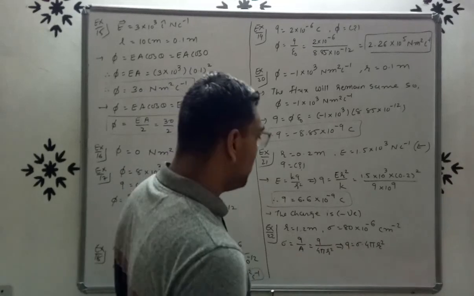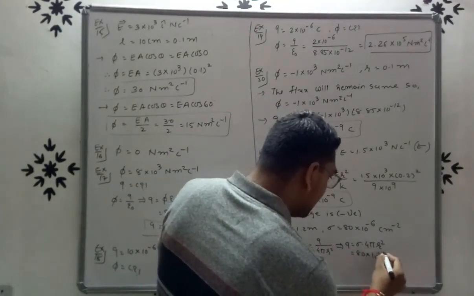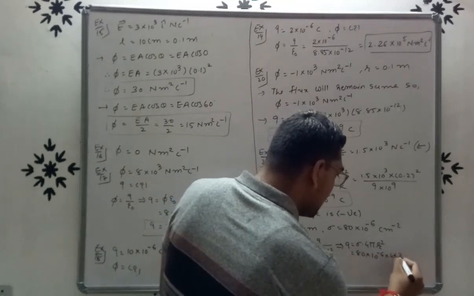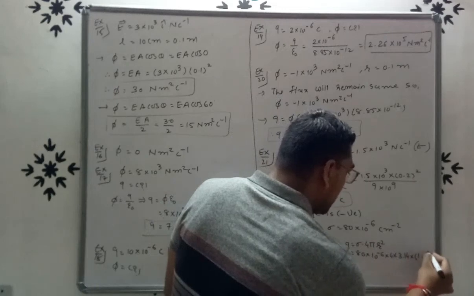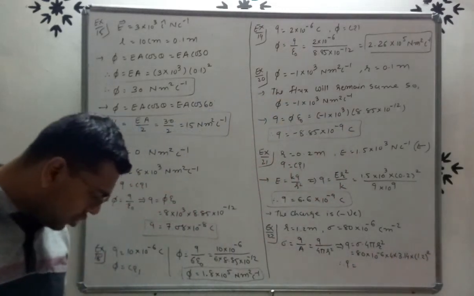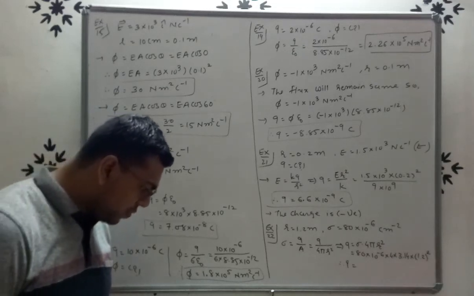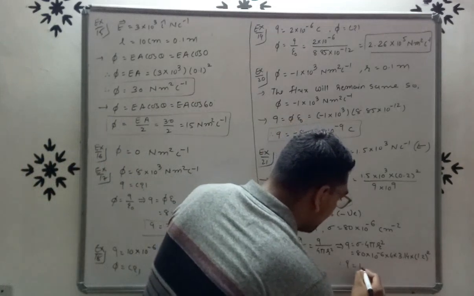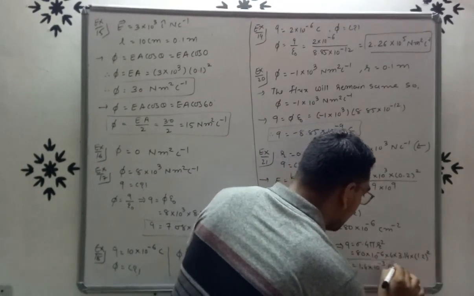Now we know the value of sigma, 80 into 10 raised to minus 6, 4 pi with pi 3.14, and the value of r square is 1.2 whole square. So after the calculation we will get charge Q is equal to 1.4 into 10 raised to minus 3 coulomb.